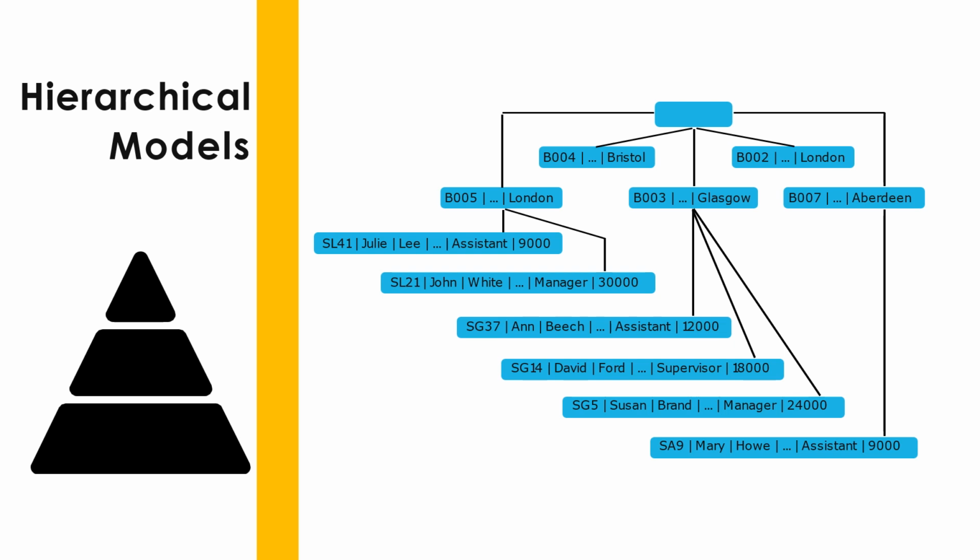In this particular example, we have a tree-like structure of the records for the employees of certain branches of a bank. So as you can see, for each of the branch, like branch 005 for London, the connection that it has to the employees represent those employees that belong to that branch.